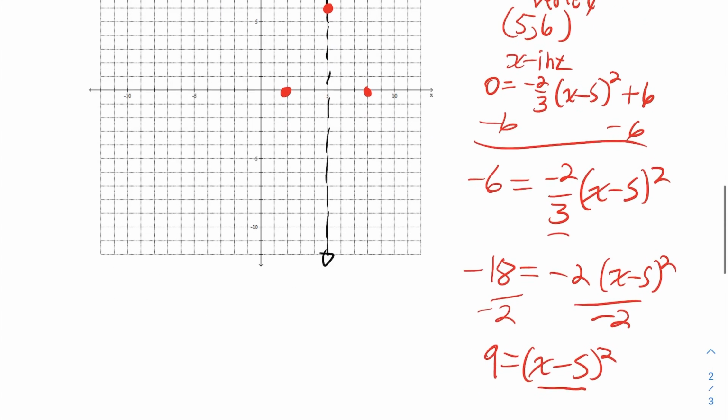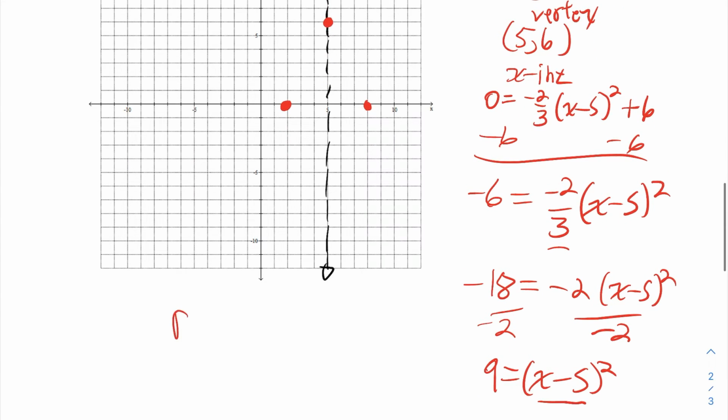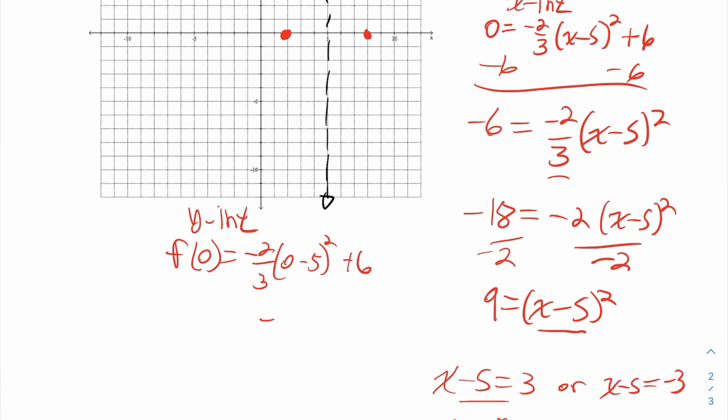And the y-intercept. So f of 0, the y-intercept. Well, let me see. Negative 2/3 times (0 minus 5) squared plus 6. Negative 5 squared is 25. 25 times negative 2 is negative 50.